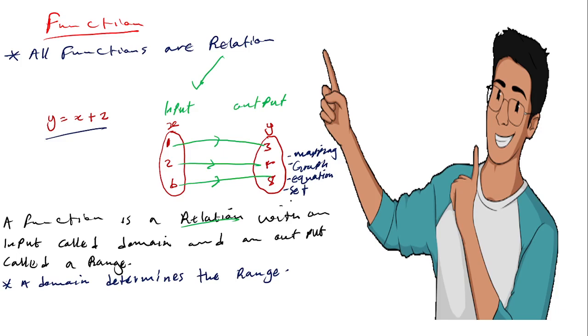But in most cases, you will be asked to identify a function when it is represented using a set, a graph, or a mapping. So I'm going to go in detail on how to identify a function using the mapping, the set, and also the graph.